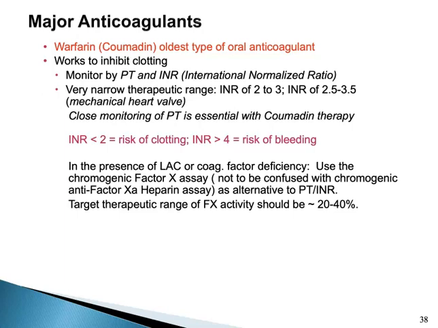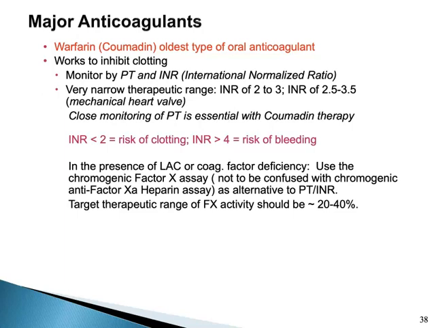Also, in the presence of a lupus anticoagulant or a coagulation factor deficiency, it is difficult to identify the PT levels. But if we want to get the levels, we can use a test called the chromogenic factor 10 assay.